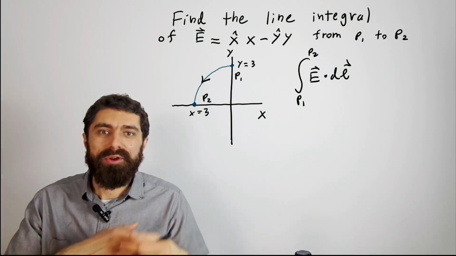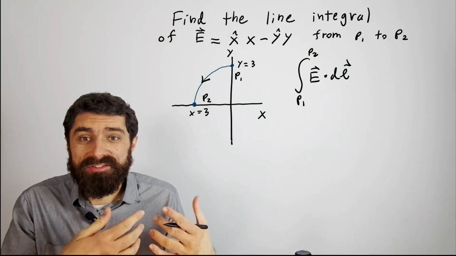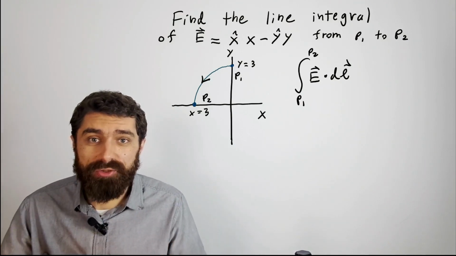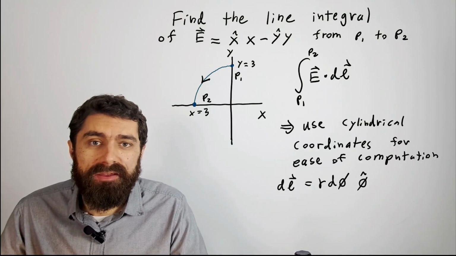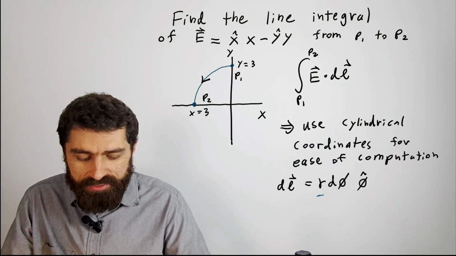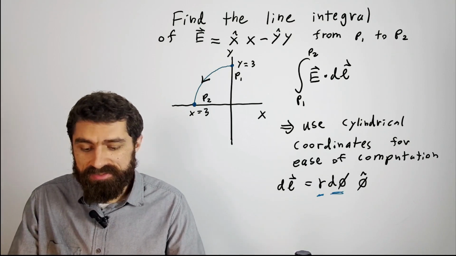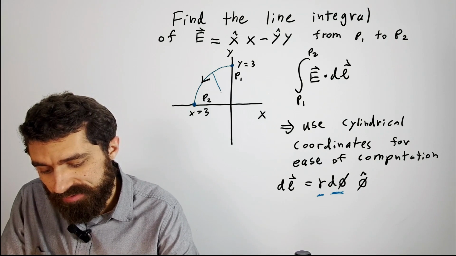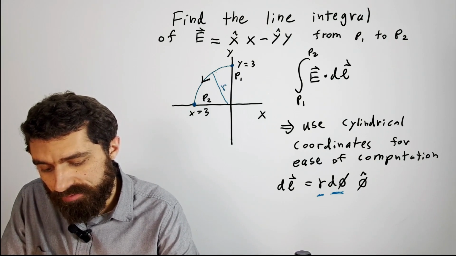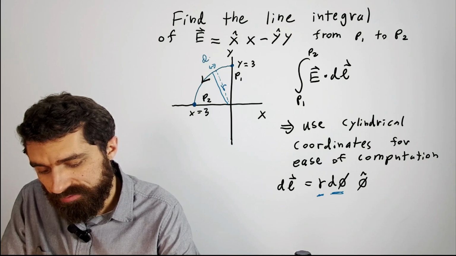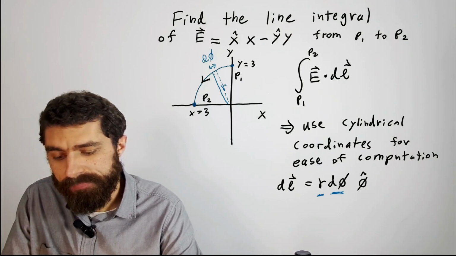But remember, we can't just use d phi because d phi is an angle. We need an actual distance. So what that actually becomes is we have to do r times d phi. So remember, in the cylindrical coordinate system, this distance here is r. And then you have a little differential angle d phi.